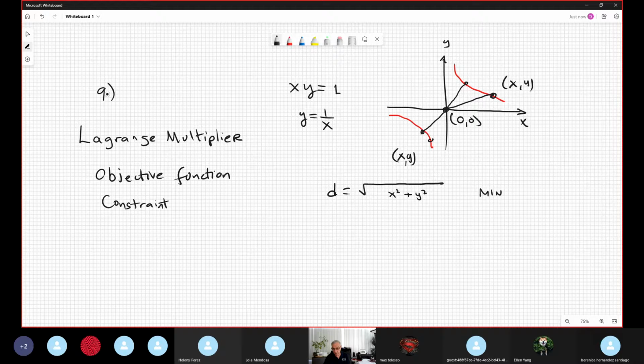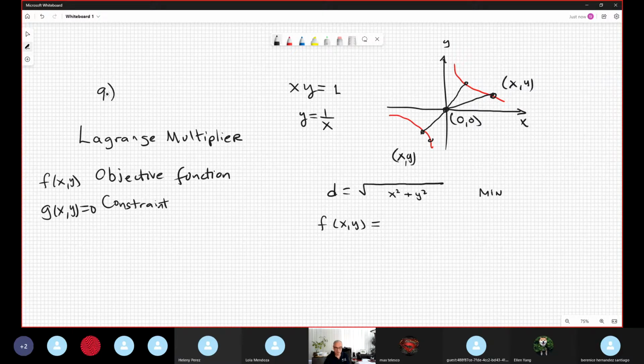As always happens, I don't like the square roots. So I want to optimize the function. I want to call it f of x comma y in the language of the Lagrange multiplier. This is f of x comma y. In the language of the Lagrange multiplier, the constraint is g of x comma y equals 0.